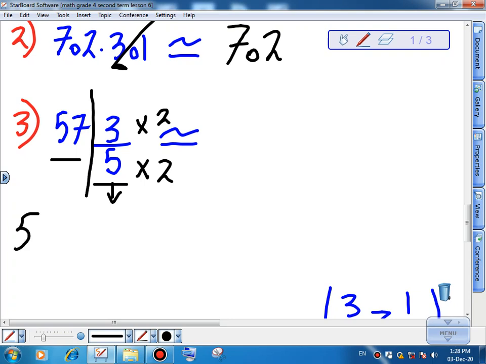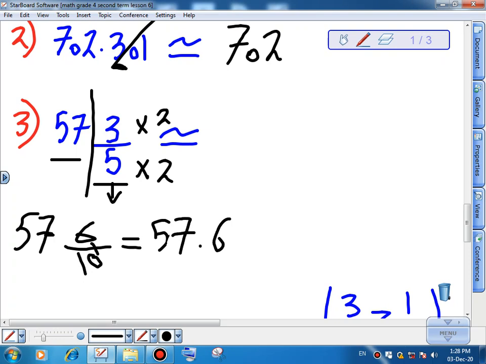It will be 57 as it is, 3 will be 6 and 5 will be 10. So I can convert this fraction to a decimal, which is 57 and 6 tenths, like this, 57.6. Now I can approximate to the nearest unit.